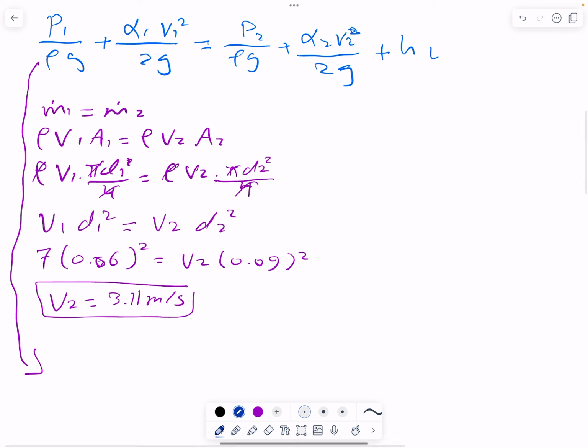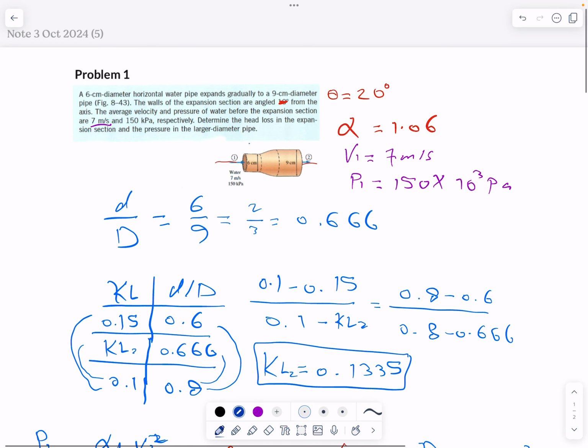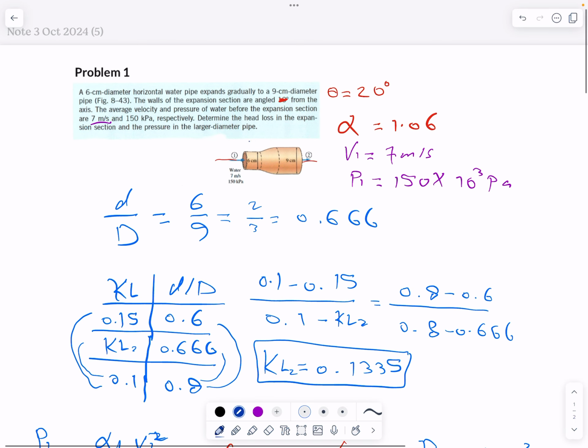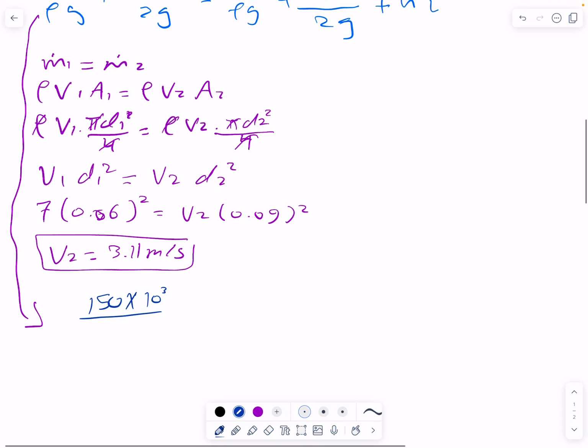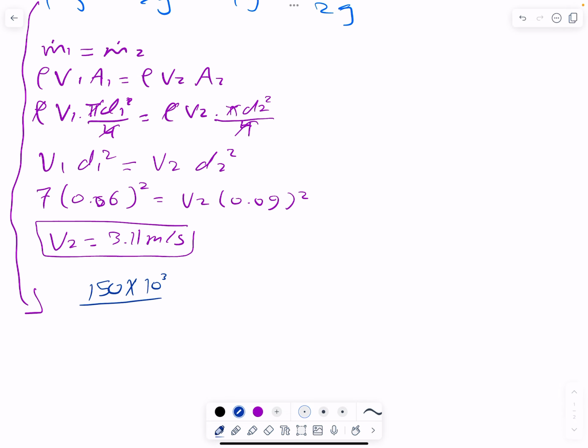So let's say P1, which is 150 times 10 to the power 3, divided by rho, which is, what is rho here? I think we are using water, right?